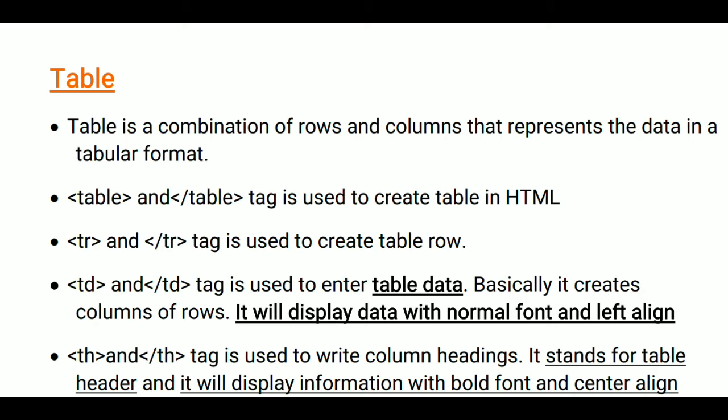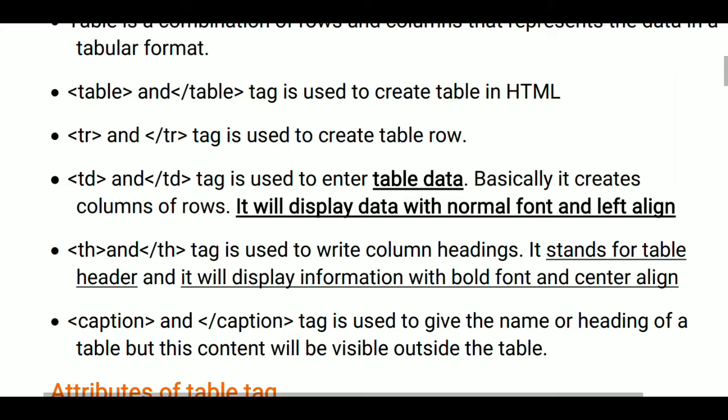Then there is another tag to create a column. That tag is the th tag, and th stands for table heading. The th tag is used to write column headings, and it will display information in a bold font and center align.